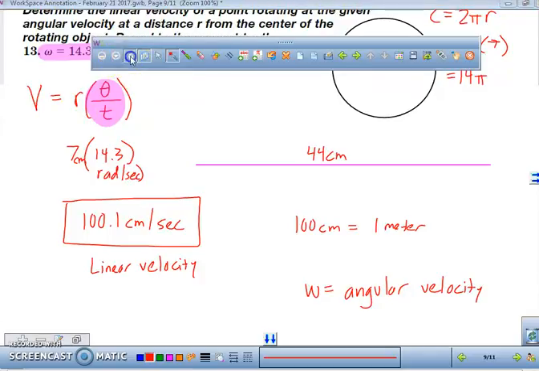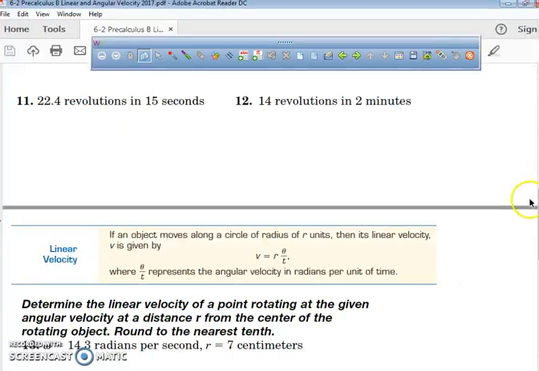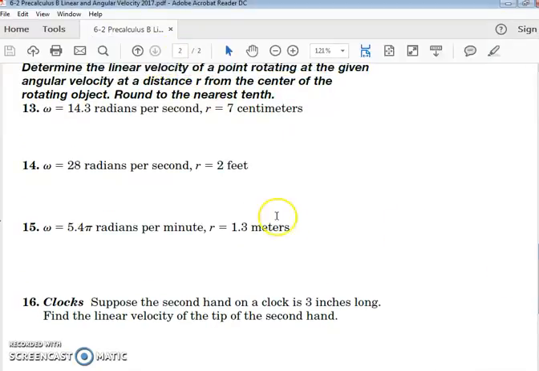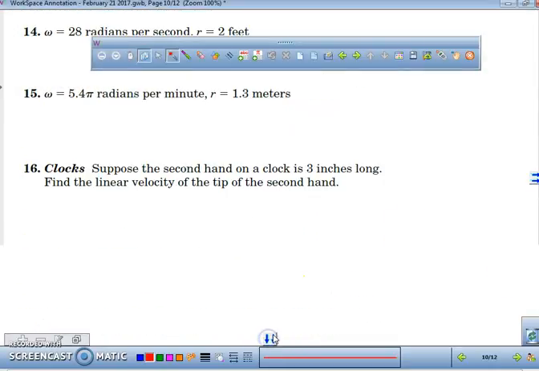Which makes the next few problems very, very simple. It gets a little bit more difficult with problem number 16, because in number 16, I don't give you the angular velocity. You have to figure it out. So in number 16, you are going to have to find the radius, you are going to have to find theta, and you're going to have to find time.